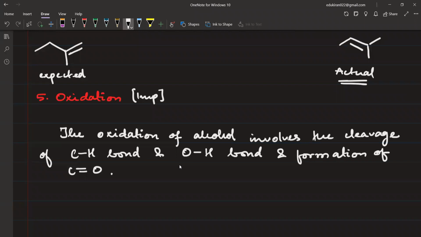So see, here we have a carbon atom. At least this carbon atom should have one hydrogen, and this oxygen atom should have another hydrogen atom like this. Now what is going to happen? This CH will break, this OH will break, and I will get C double bond O with the groups attached as they are.